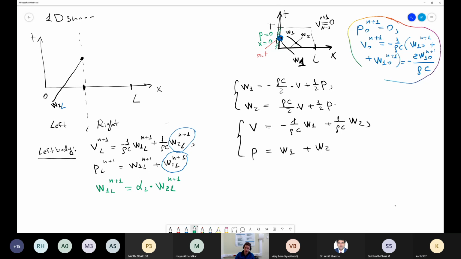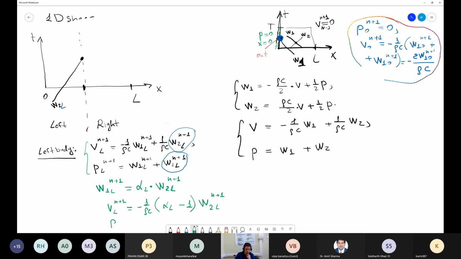Let's substitute in this system, and we will obtain that the velocity on this boundary is equal to minus 1 divided by rho C. W1 will be lambda L multiplied by minus 1 multiplied by the W2 L n plus 1.